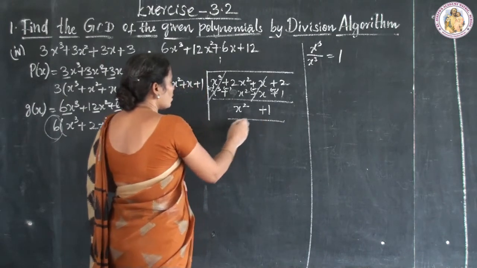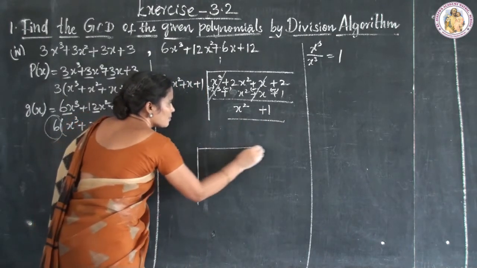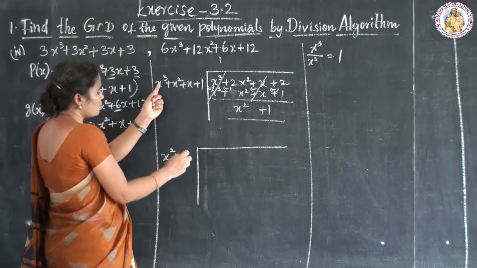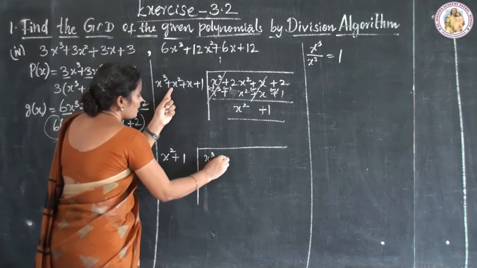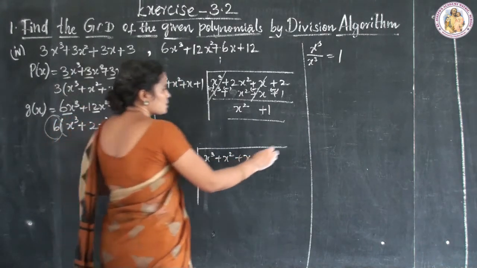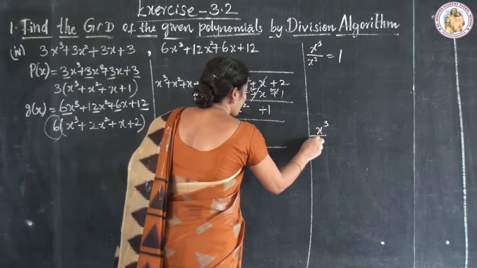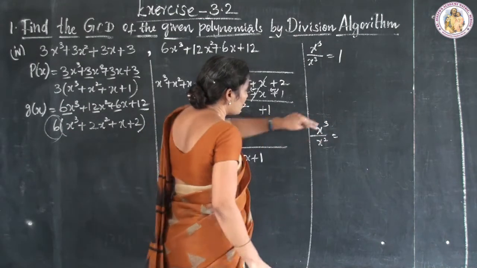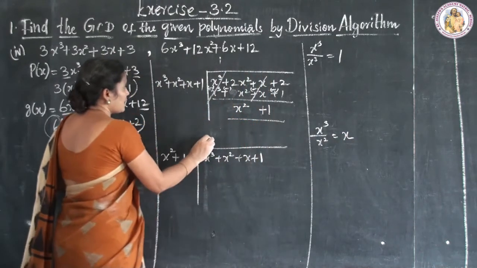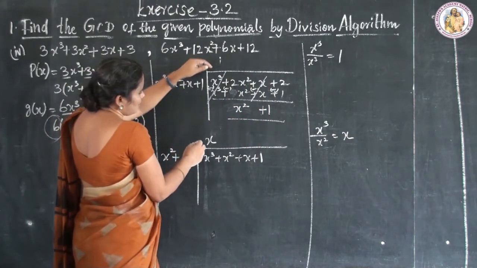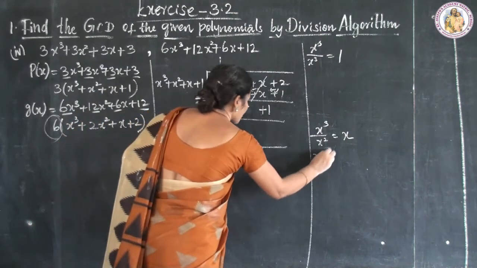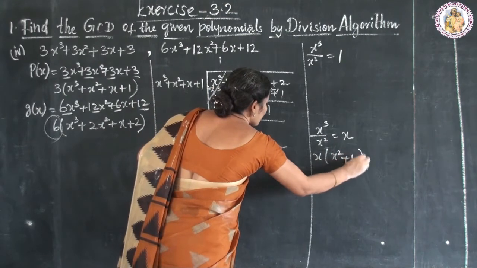So it is not 0. Again you have to continue. X square plus 1. Go with this, x cube plus x square plus x plus 1. Take the first term, x cube divided by x square is x. So with x, multiply x into x square plus 1.